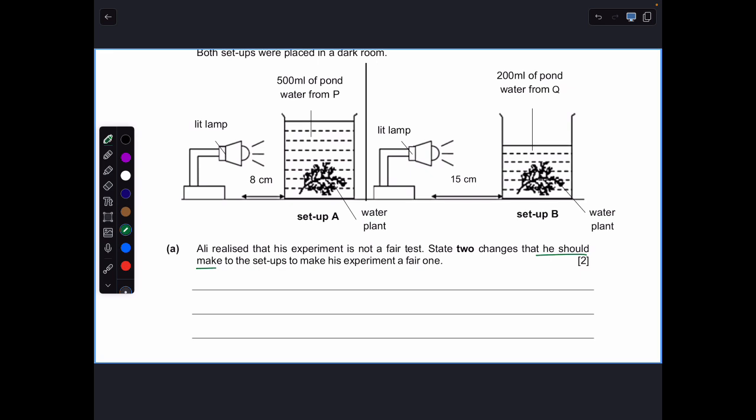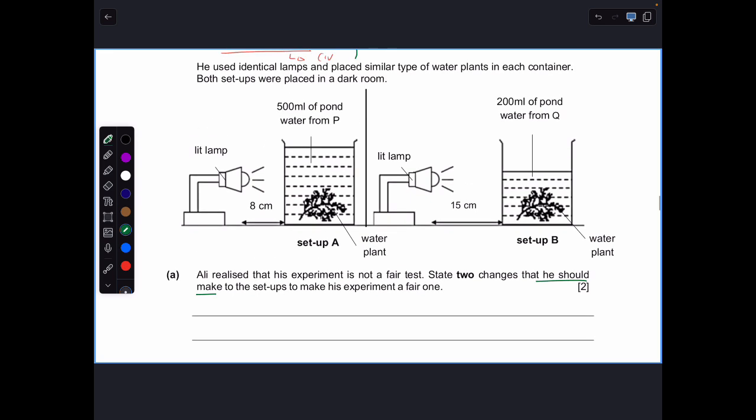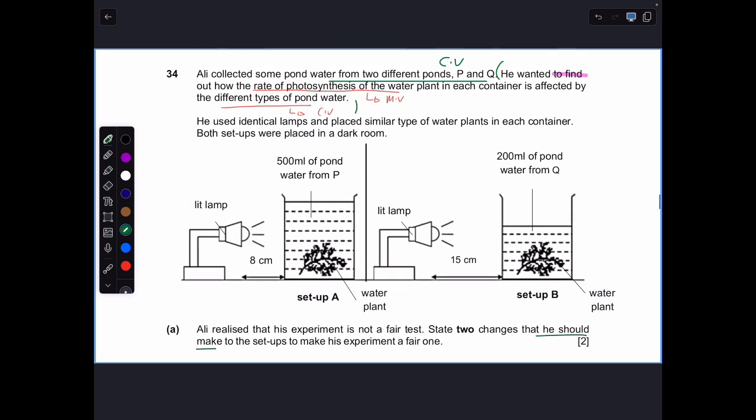Okay, so a lot of you will have realized, since the change variable is actually the pond water, everything else must be the same, including the distance from your light to the pond, to the beaker.